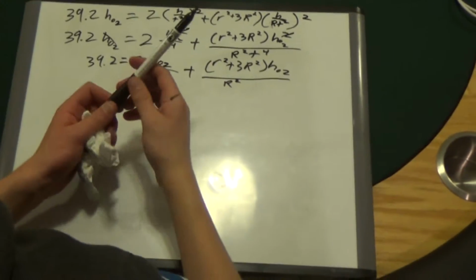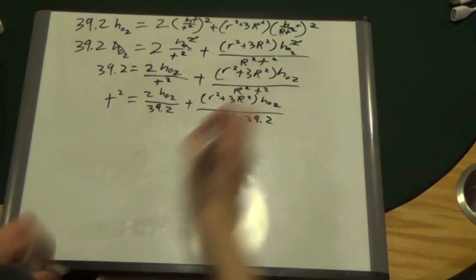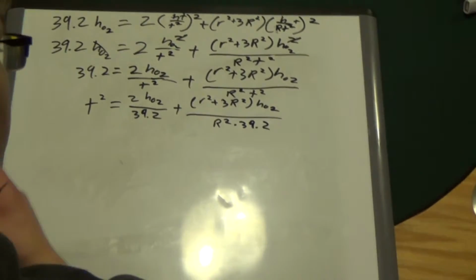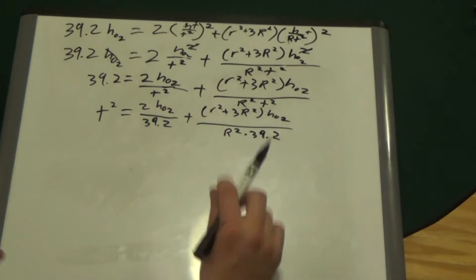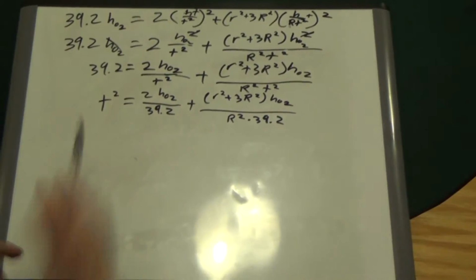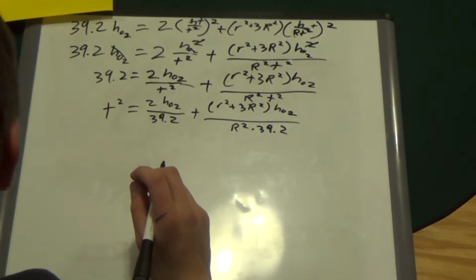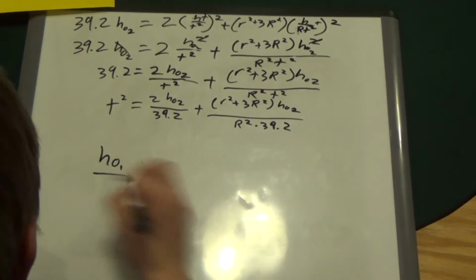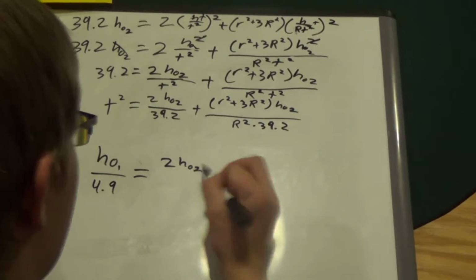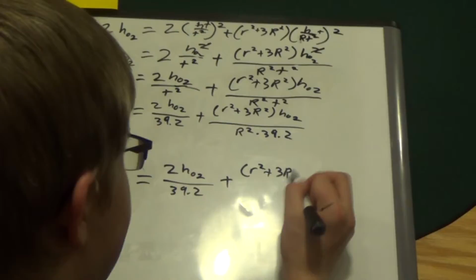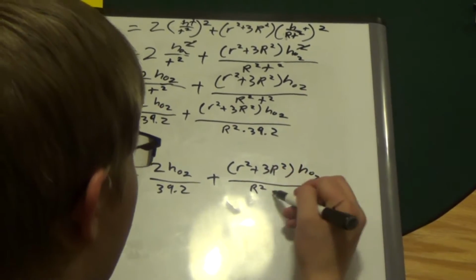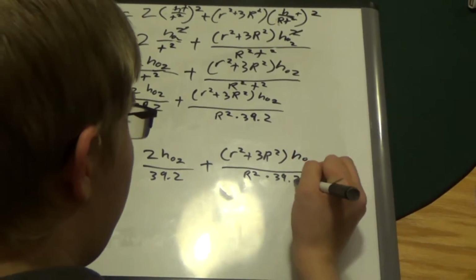Then you simplify it down and solve for t squared. Now you take the earlier equation from the first roll, where we solved for t squared. That's the same t squared as the t squared from the second roll, so you set those equations equal to each other.